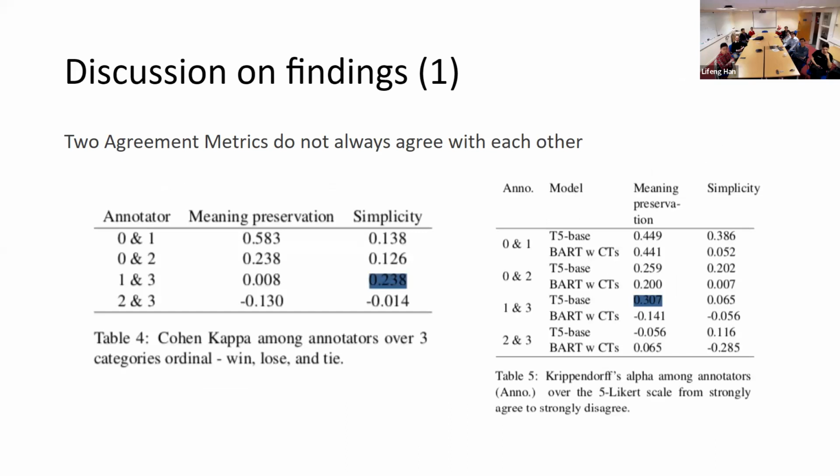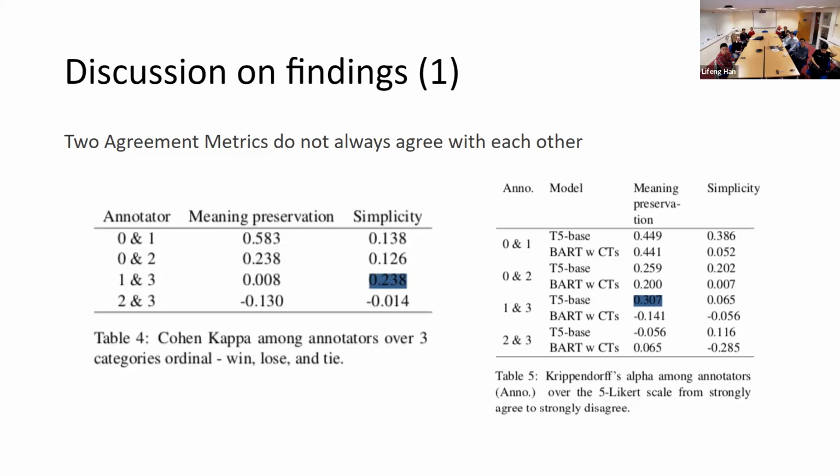So here's something interesting. From this inter-rater annotator agreement matrix, you can see from Cohen's kappa that there is some agreement between annotators 1 and 3 on simplicity. But from Krippendorff's alpha, you cannot see this information between annotators 1 and 3.